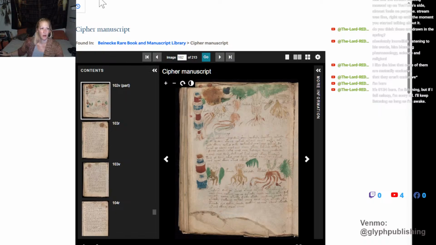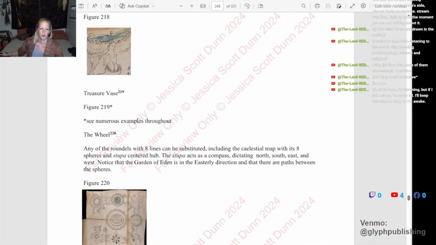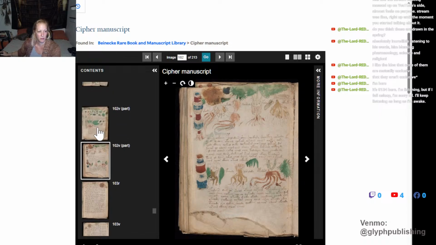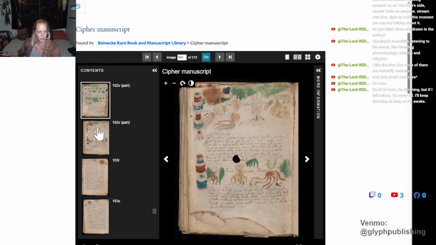Treasure vase. In Tibetan Buddhism, the treasure vase is called a bumpa. In Burmese, it's called sunoke. And these are sunoke, but there are bumpas in here as well.